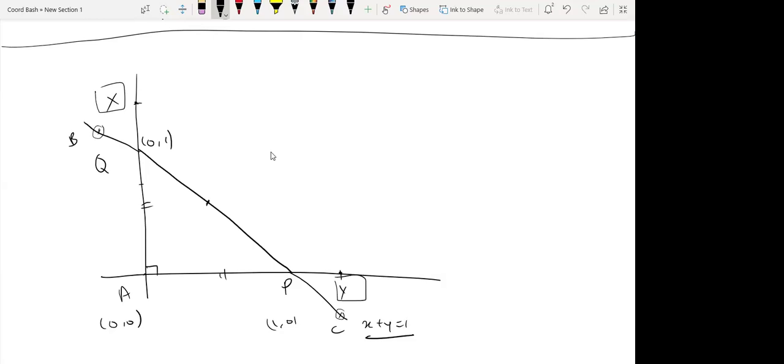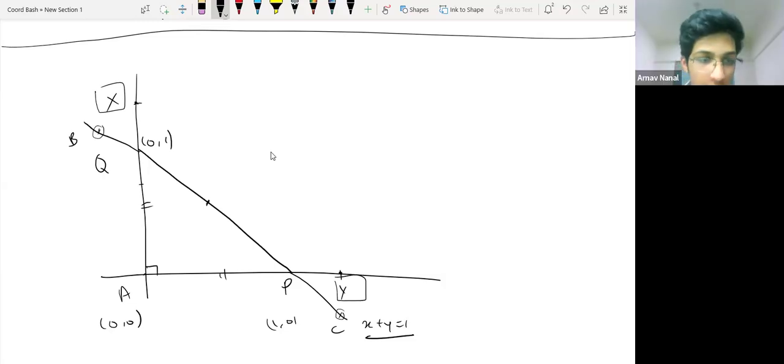Doesn't the perpendicular bisector of BC pass through the midpoint of XY? Exactly. So you just need to calculate the midpoint of XY. In this figure it looks like these are equal, which they're not. You just need to calculate this midpoint and drop a perpendicular here. That's all you need to do. You don't need to calculate B and C actually.